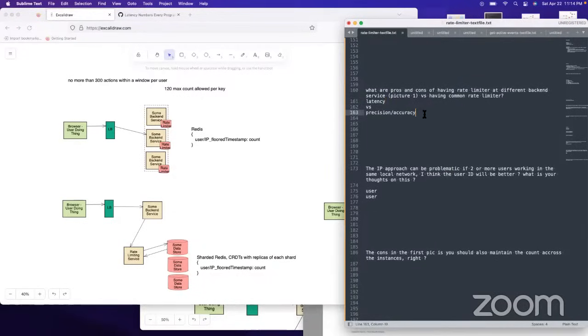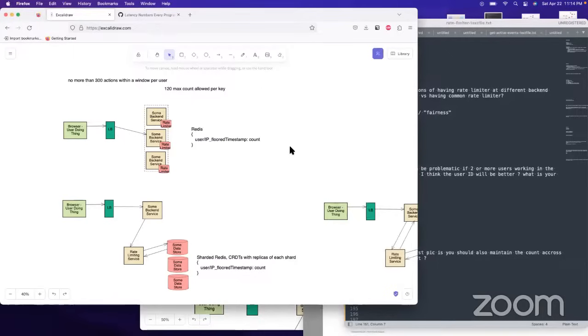So it's latency versus precision, accuracy. I think the best word is maybe fairness is what you're trading off. Latency versus fairness. Maybe there's some other trade-off on top of latency. I can totally see latency as being a huge pro on this approach, though.